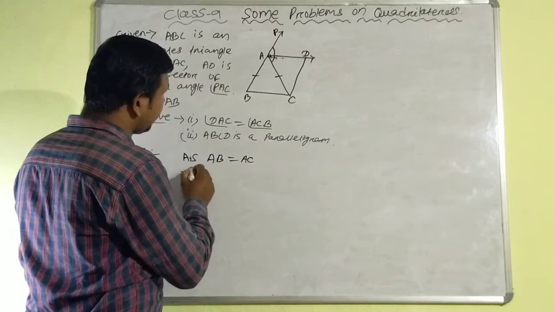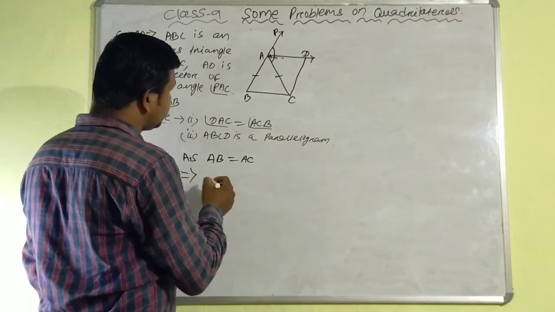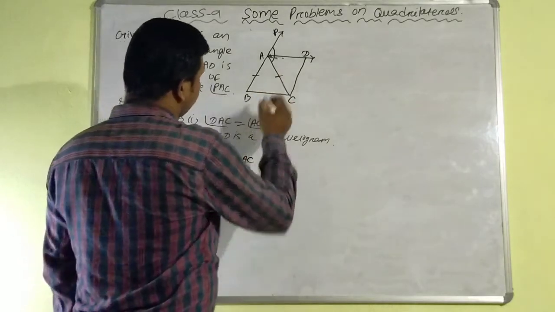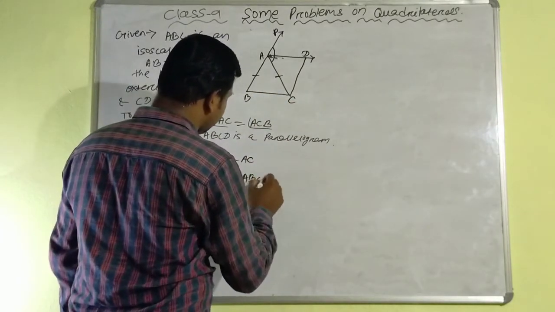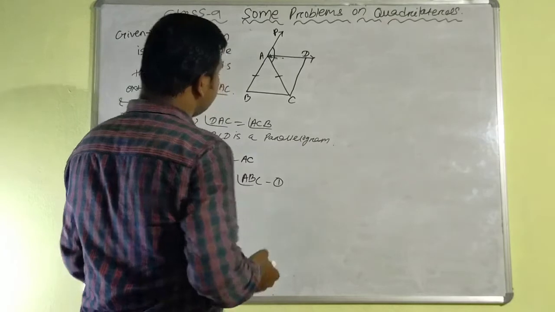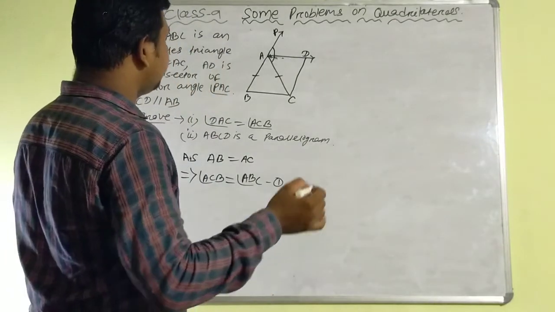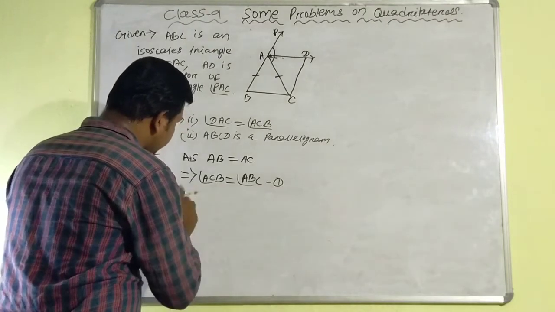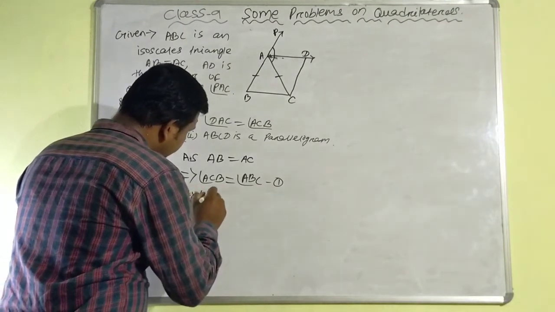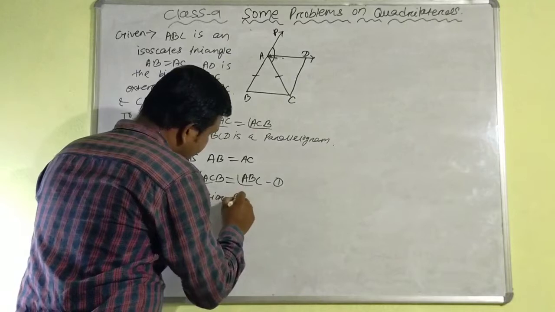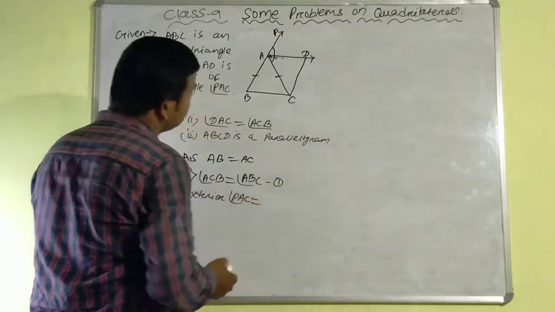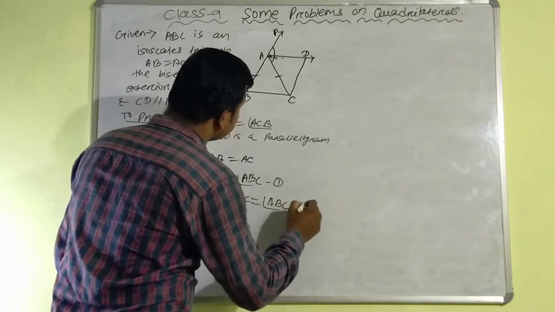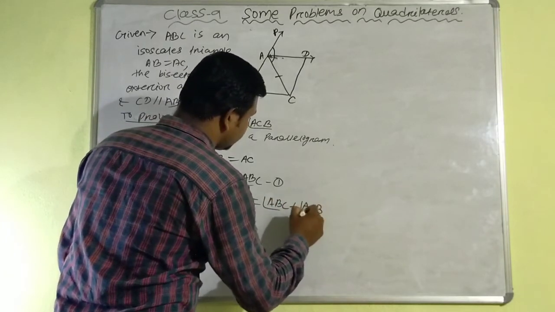So we'll write opposite of AB is angle ACB equal to angle ABC. Okay. Then we can write exterior angle PAC equal to sum of interior angle ABC plus ACB.